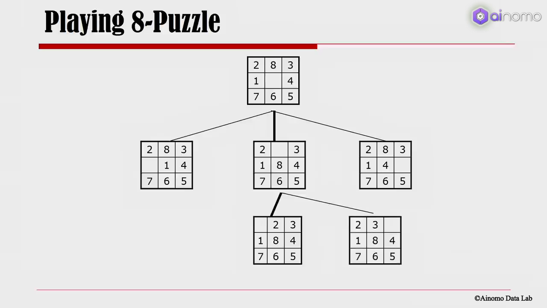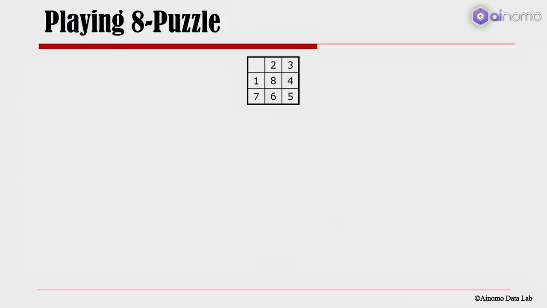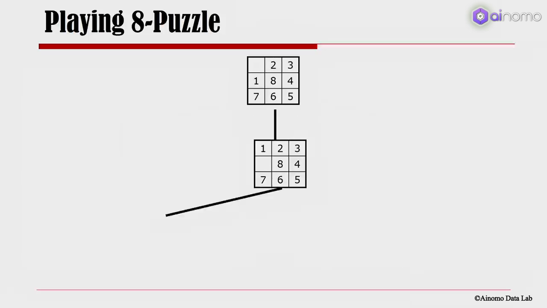I now highlight these and see what happens when an operator applies on these positions. One could only go up. If it goes to the left, I generate something which has already been generated, so I don't do that. And what I get after a couple of steps is my goal position.